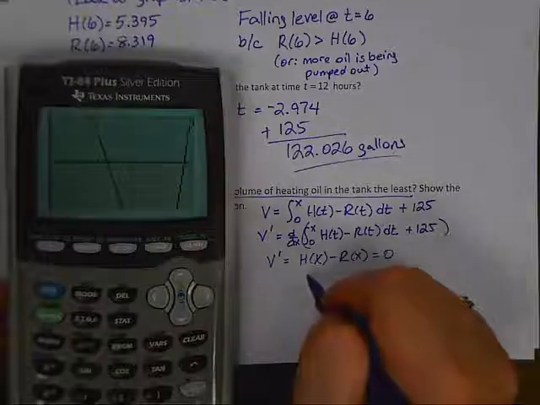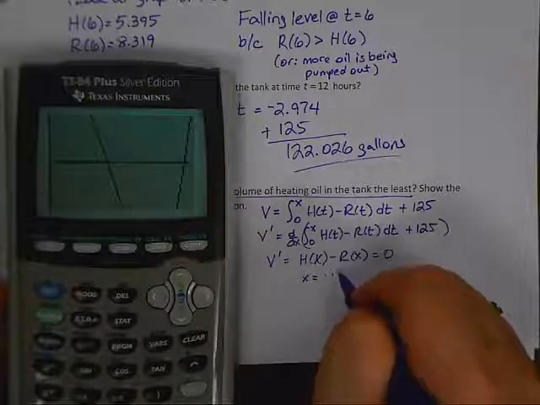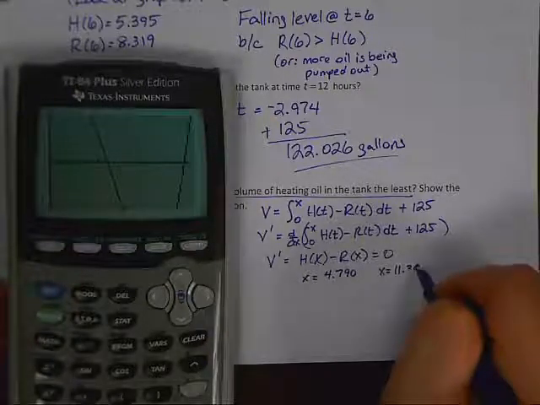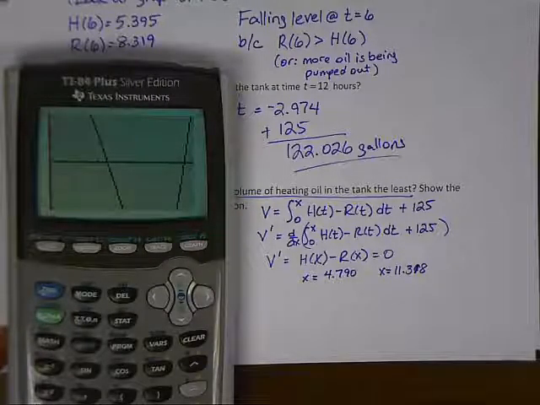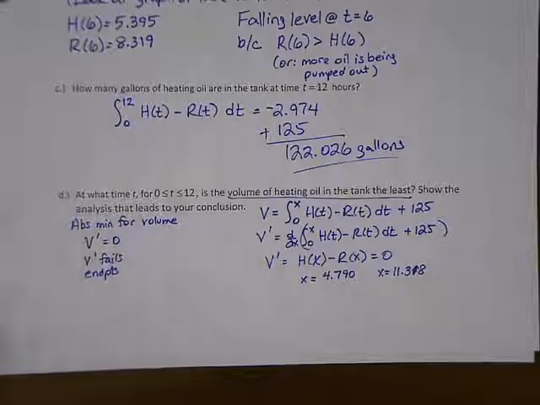For time's sake, I'm going to tell you what those two crossing points are: 4.790 and 11.318. I know you know how to do zeros, second trace and 0, but for time, we're going to go quickly. There's where the derivative equals 0.